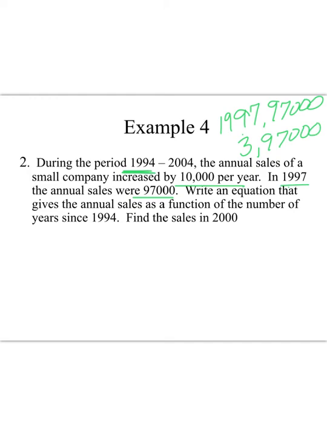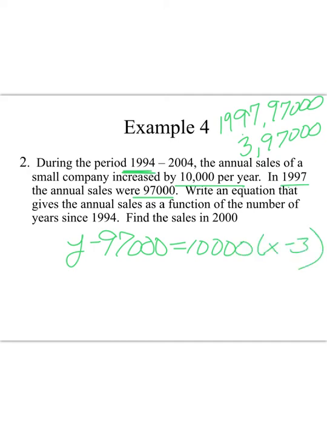So in the 3 years that we have collected data on this information, it's $97,000. So now that I have my slope and I have my ordered pair, y minus 97,000 will equal 10,000 per year, times x minus 3.